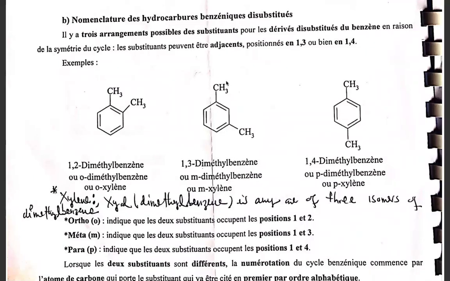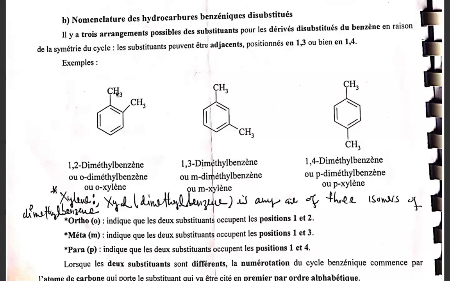But when you have two substituents that are the same and they are oriented at position 1 and 4, 1 and 3, or 1 and 2, you are going to use the ortho, meta, and para. That's if the substituents are the same. So if we had ethyl here, we would use the para, ortho, or meta orientation.